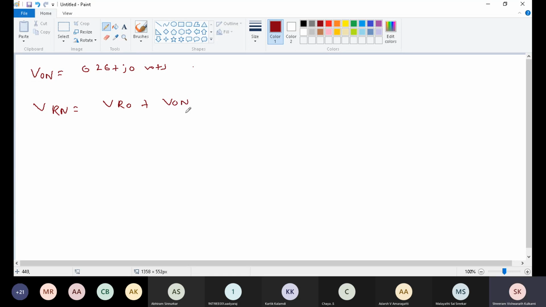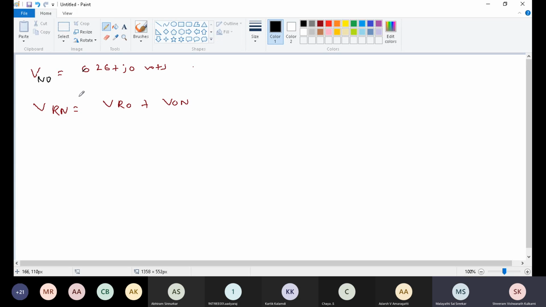Here V_ON is there. We have calculated the value for V_N0, not V_ON. Okay, we have calculated the value for V_N0. You just check once: 626 plus j0 is V_N0.